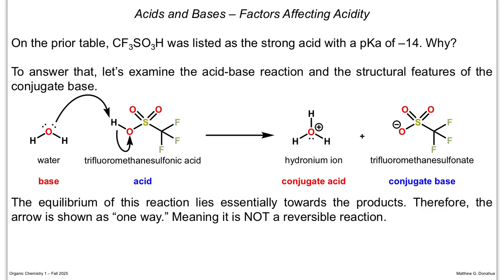So here's the arrow pushing for that when we have the acid plus water. The water is being the base to abstract that hydrogen. We're breaking this OH bond, and those electrons are going on oxygen.